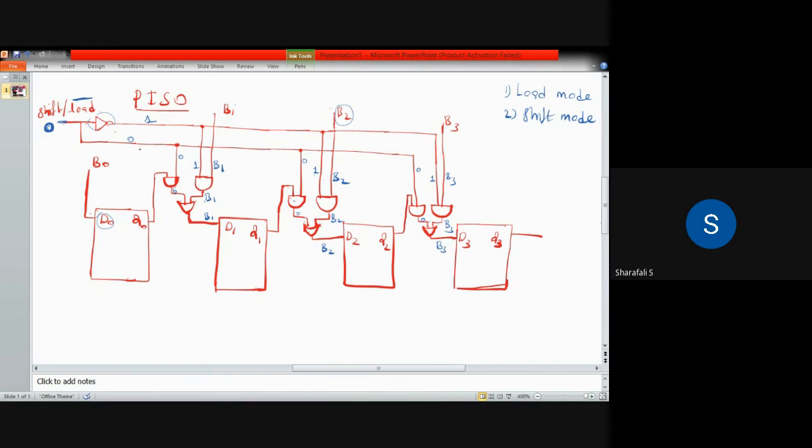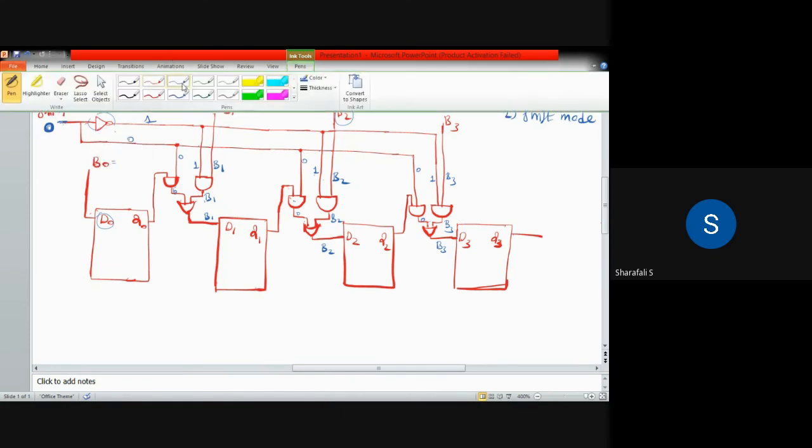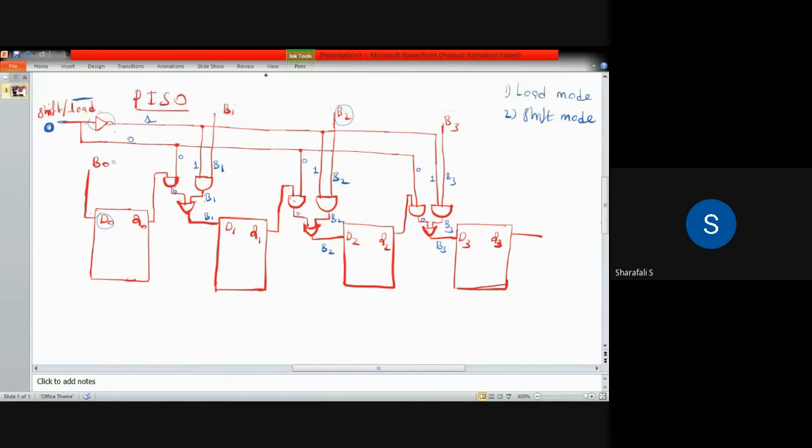So this can be, for example, let's consider some value, some binary code. Let's consider this as 1, this is equal to some 1, and this is equal to 0, some values.